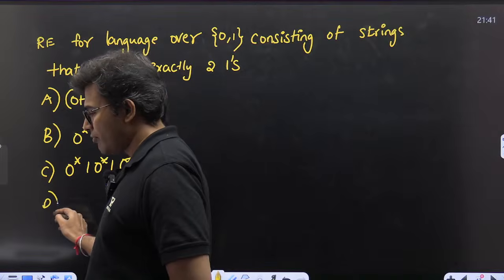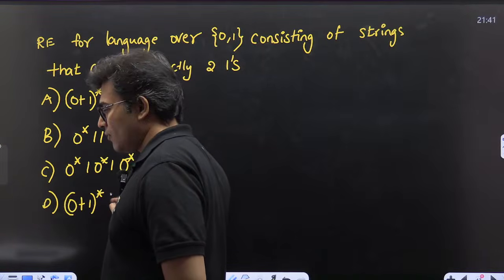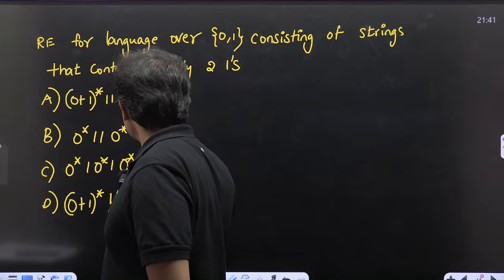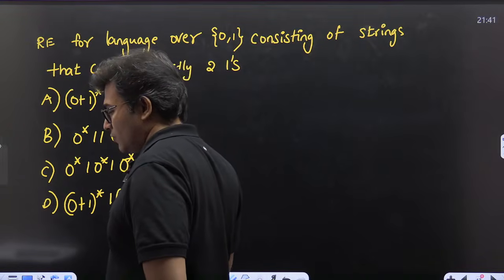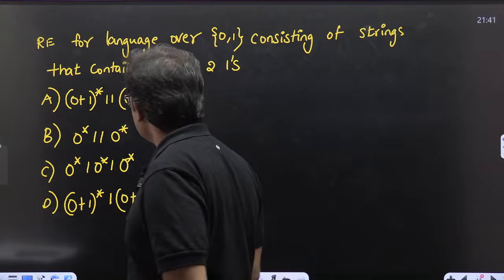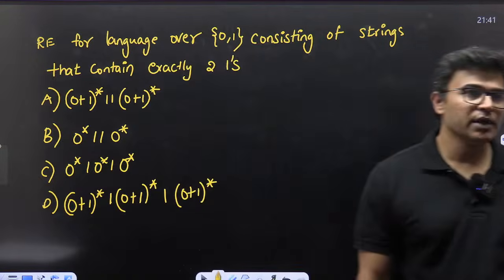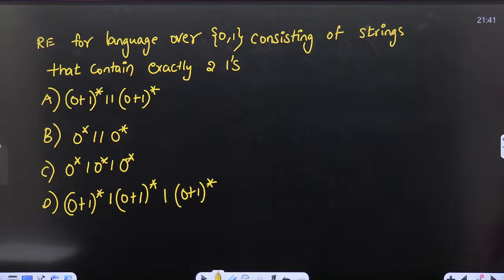D: 0 plus 1 star 1 0 plus 1 star 1 0 plus 1 star. There should be exactly two ones.